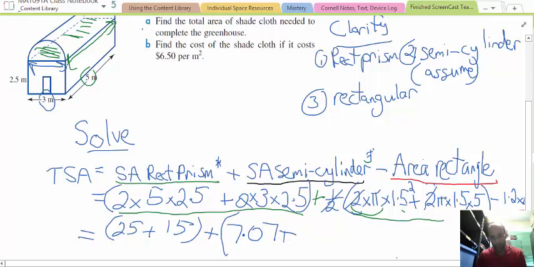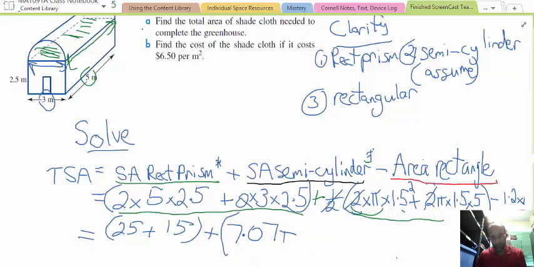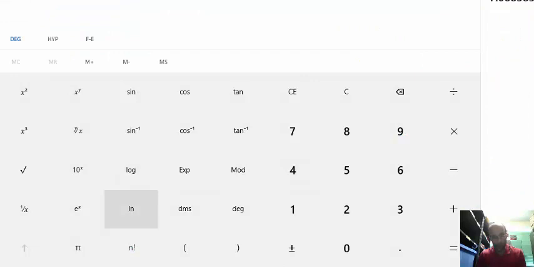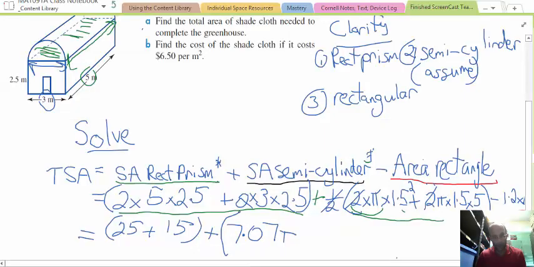And we've also got this part here, pi times 1.5 times 5, so pi times 1.5 times 5, 23.56.